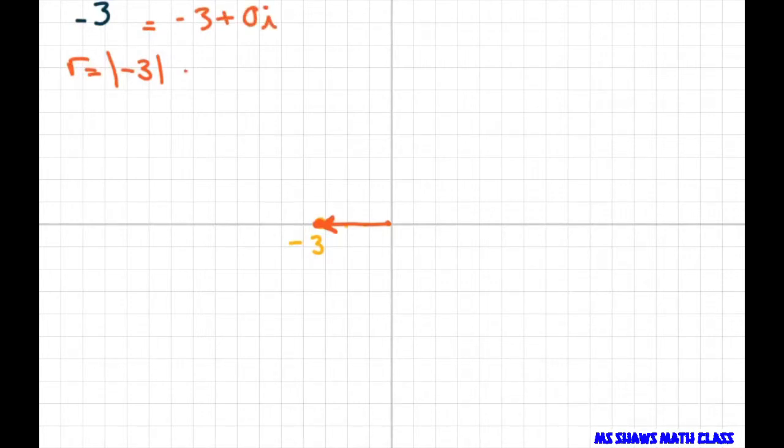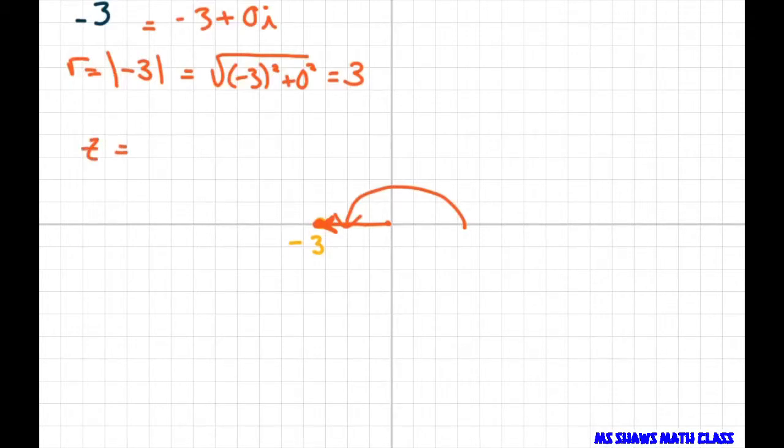So this is just going to equal the square root of -3 squared plus 0 squared, which equals 3. And so you can see really just by looking at it that the angle is 180 degrees. So you're going to write this as z equals 3 cis 180 degrees.